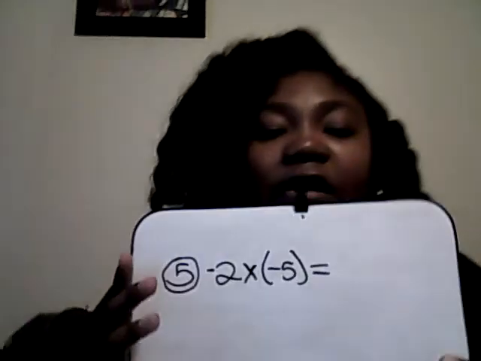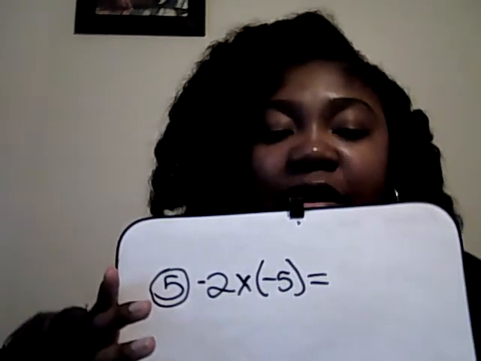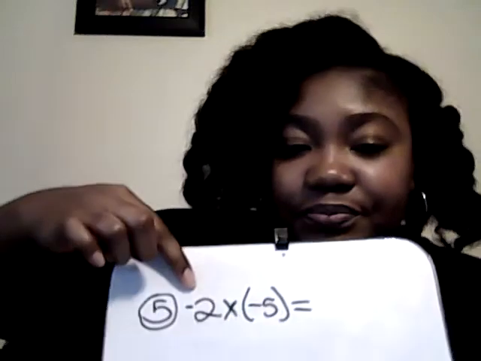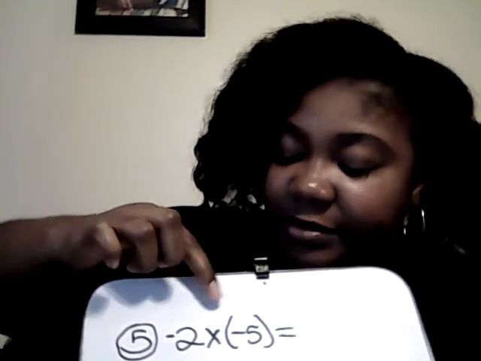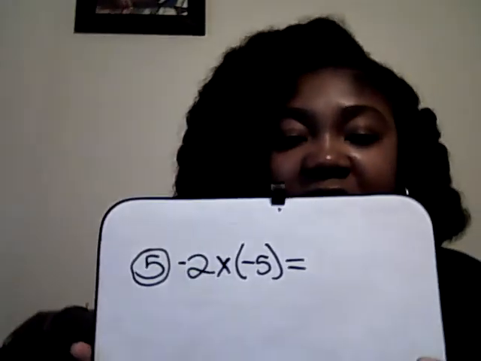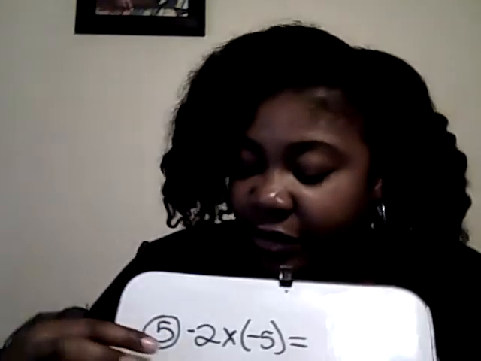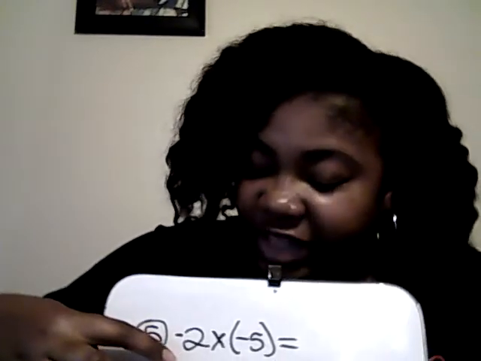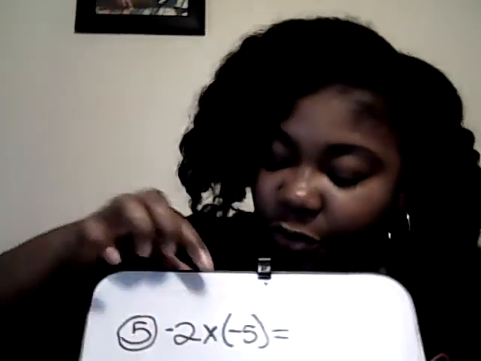And this is our last multiplication one, and then we'll go to division. All right, so we have two negatives again. So we have negative 2 times negative 5. As you can tell, I purposely did one without the bracket and one with the bracket.